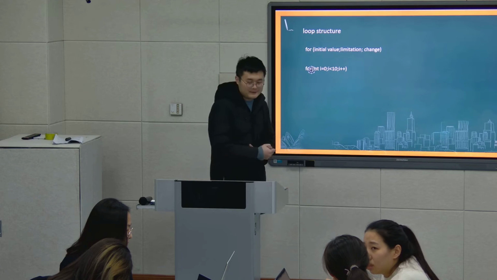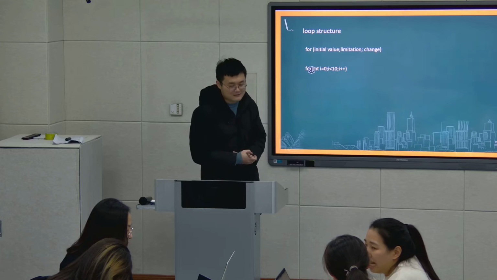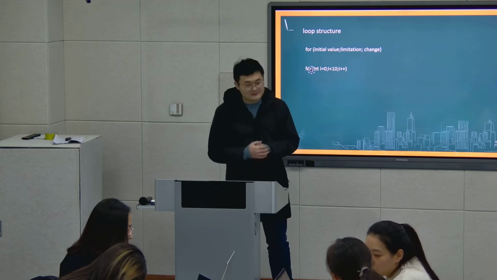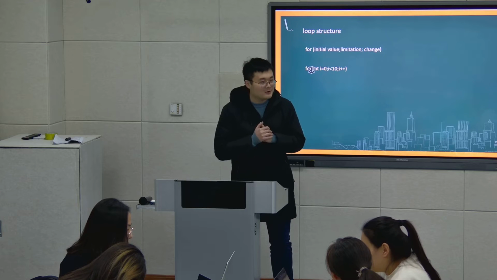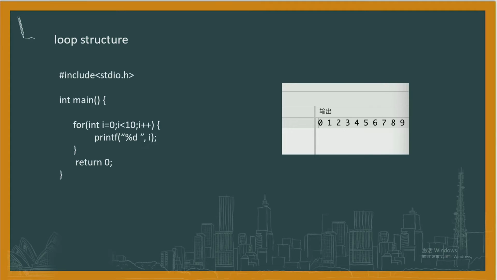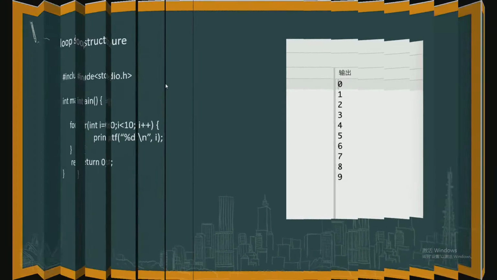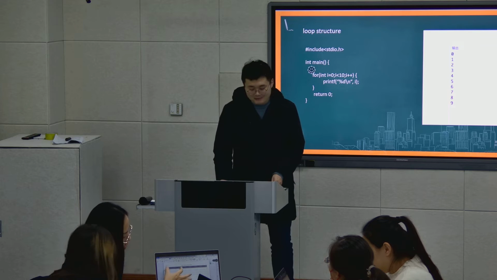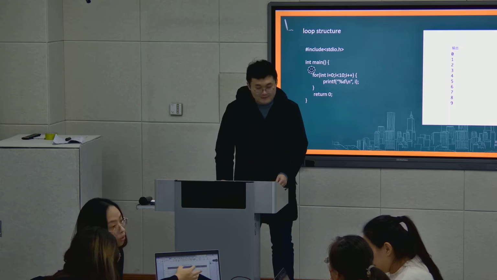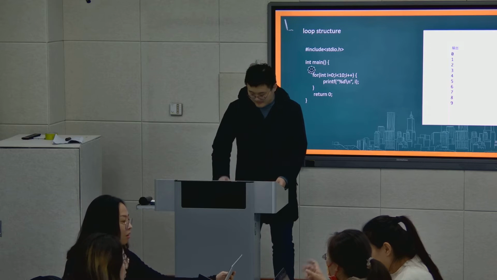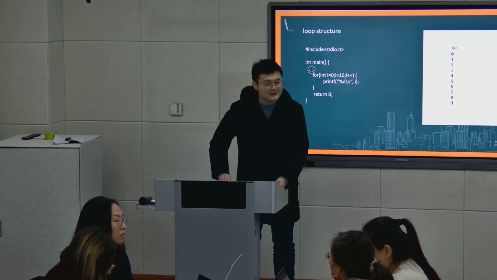So here is the loop structure, the for loop structure. Before the first semicolon is the initial value. That is i equals 0. You can see, right? i is an integer variable. We have defined i as an integer variable and given it an initial value 0, right?